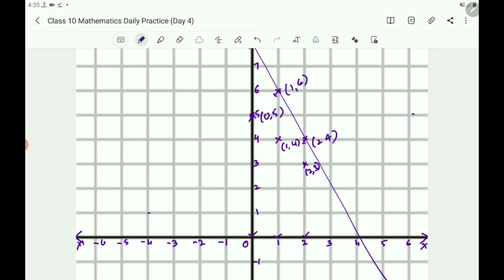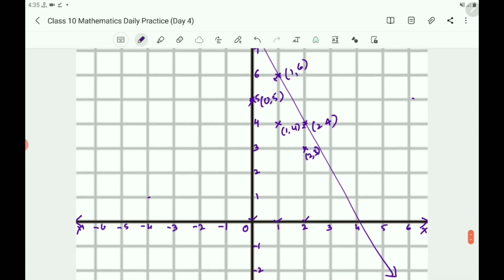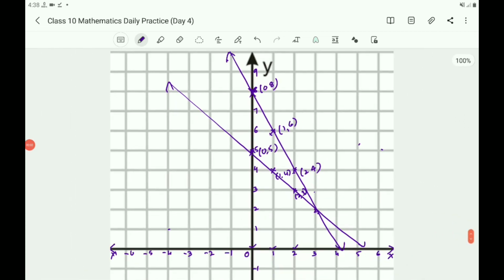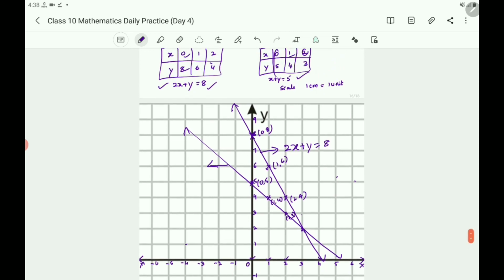Now let us join all these 3 points. Now you got intersecting lines. So this is the graph for 2x plus y equals 8 and this is the graph of the straight line x plus y equals 5.